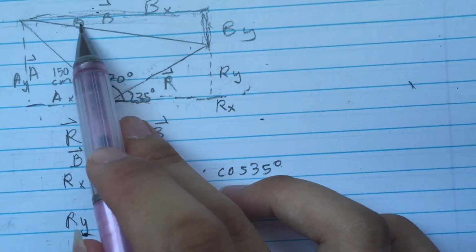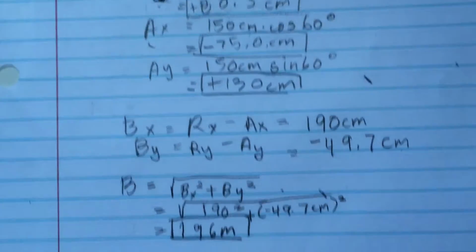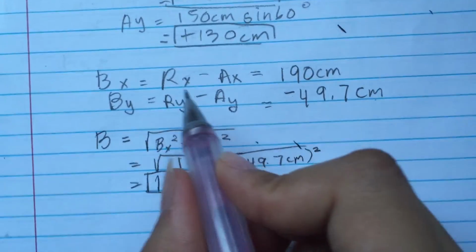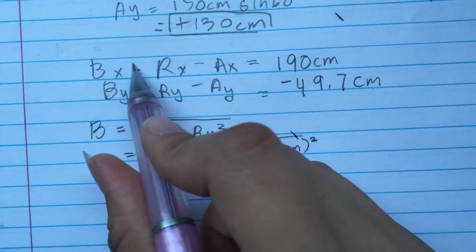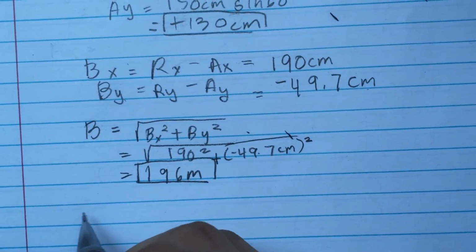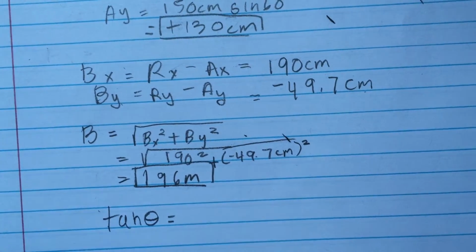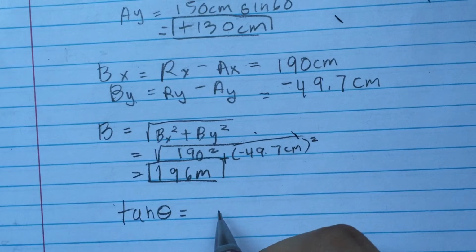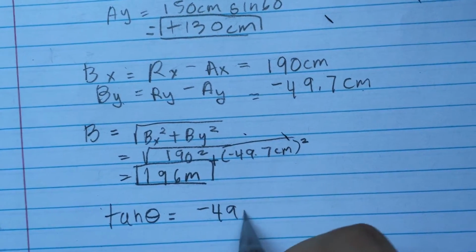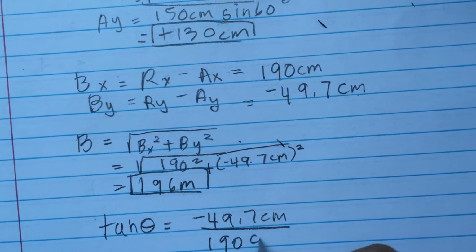So if we do tangent theta equals opposite over adjacent, we just do inverse tangent. We have By here and Bx here. So we calculate that tangent theta equals negative 49.7 centimeters over 190 centimeters.